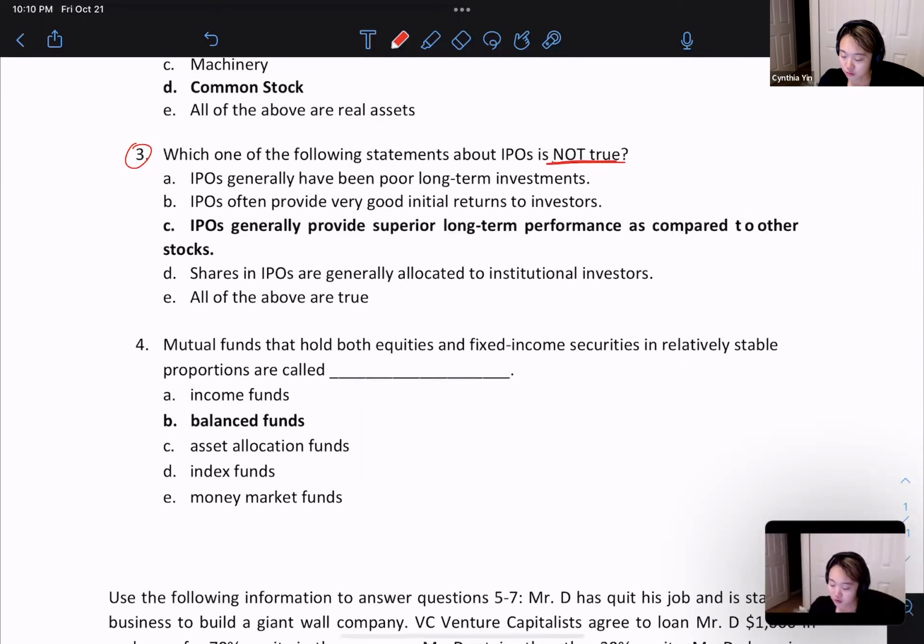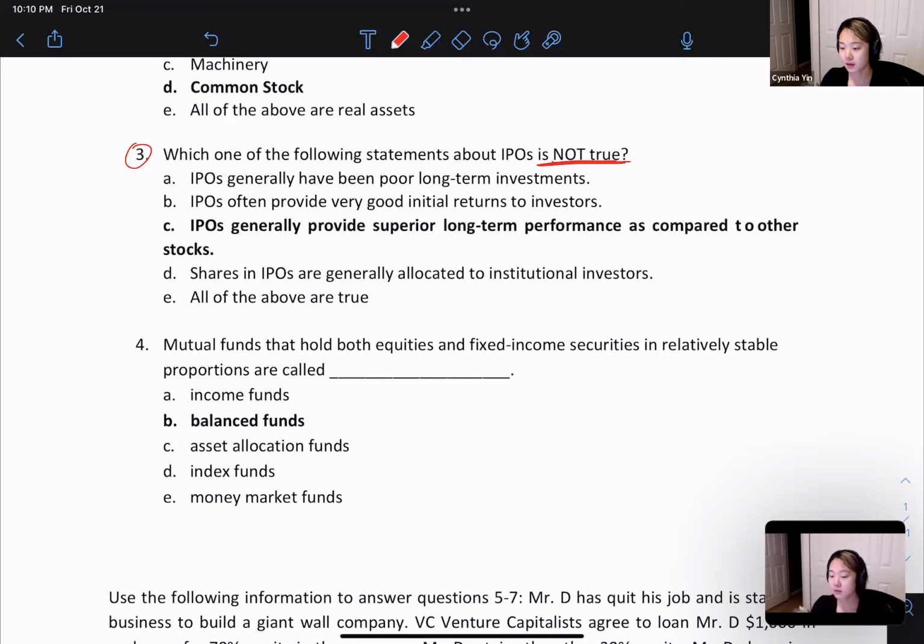Which is not true about IPO? If you remember, we covered in class that according to the empirical data, people find if you buy the IPO on the first day, you're going to earn a very high abnormal return, around 10 to 20%. So it's pretty high.